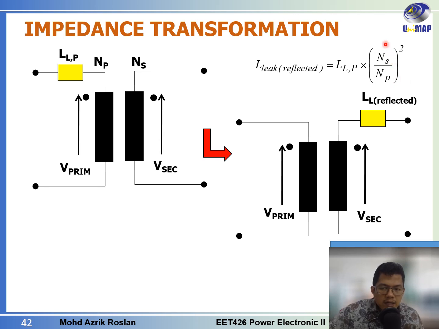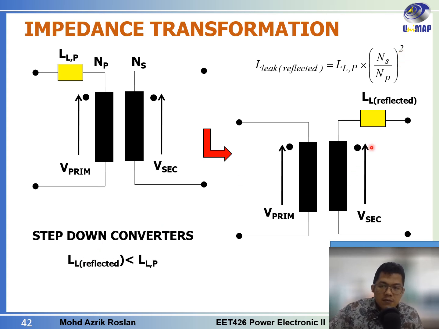Because for the step down transformer NS is smaller than NP, when this ratio is squared, let's say NS is 2 and NP is 6, the ratio is 1 over 3, and squared it is 1 over 9.